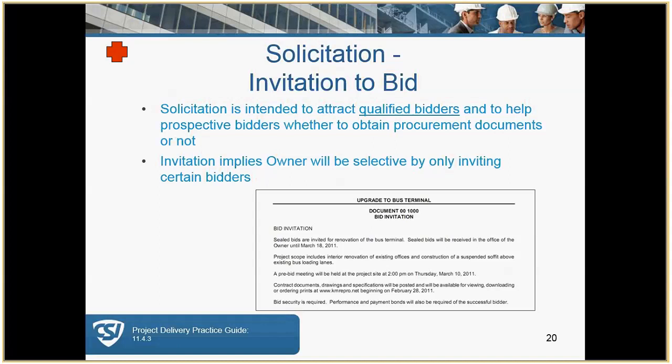Keep in mind that a contractor incurs a lot of cost to bid a project. So an invitation is basically to give them enough information to determine, do they really want to spend the time to acquire and review the documents.